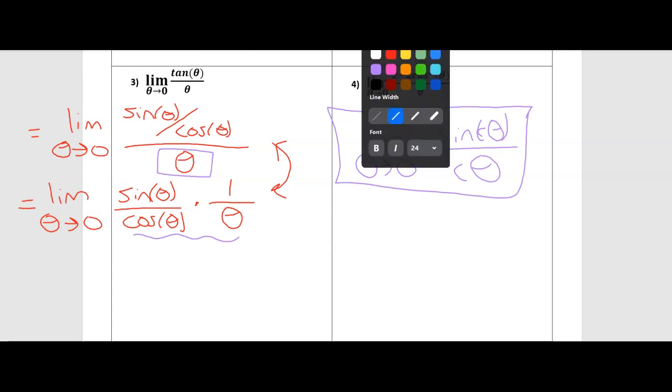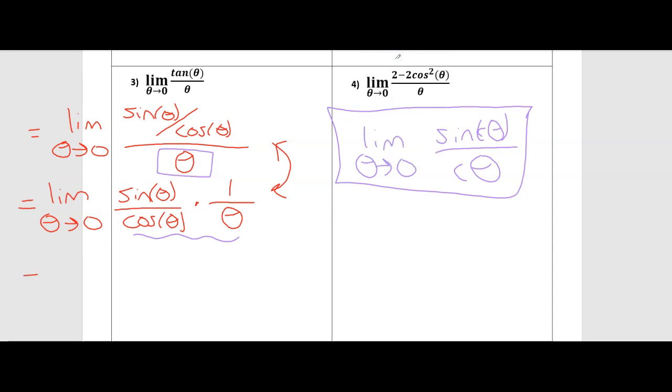And there is. It just means we're going to rearrange our fractions again. So I'm going to get the limit as theta approaches 0 of sine of theta over theta times 1 over cosine of theta. Okay, so again, I'm just rearranging my fractions without changing any values.